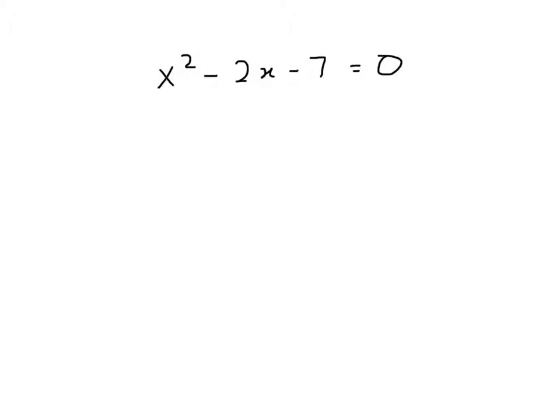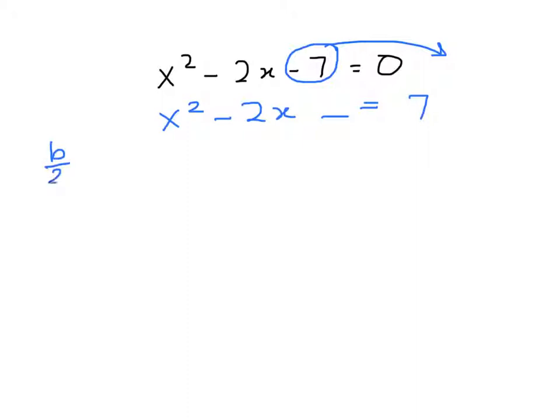So remember, the first step is to take my negative 7 and get rid of it onto the other side. So I end up with x squared minus 2x equals, negative 7 becomes positive 7. Now, to fill its space here, I'm going to have my b divided by 2 and square it.